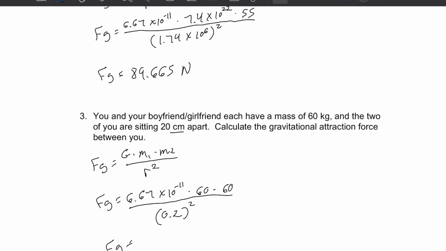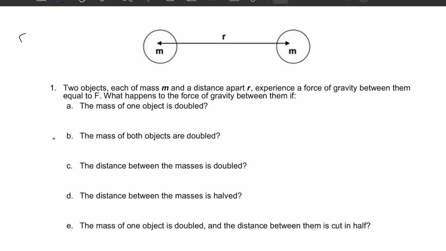When I put this into my calculator, I got 6.003 times 10 to the power of -6. So not much gravitational attraction at all.